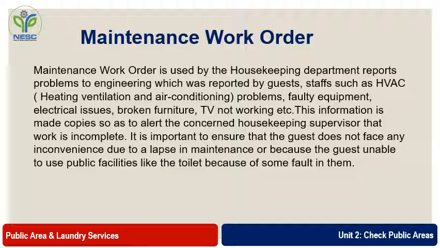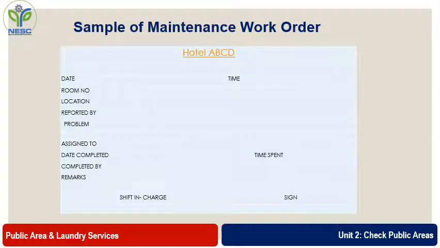It is important to ensure that the guest doesn't face any inconvenience due to a lapse in maintenance, or because the guest is unable to use public facilities like the toilet because of some fault in them. So this is a sample of the maintenance work order.